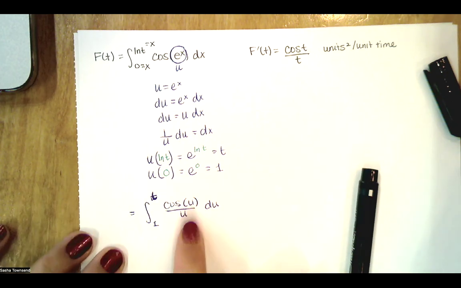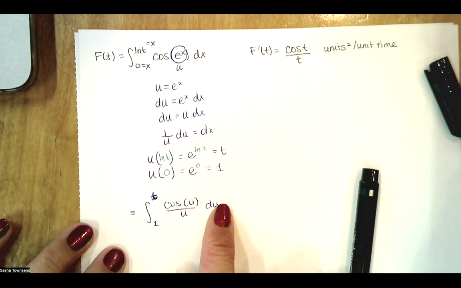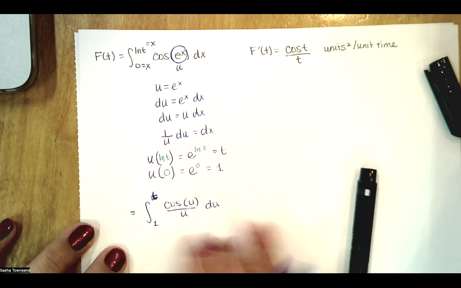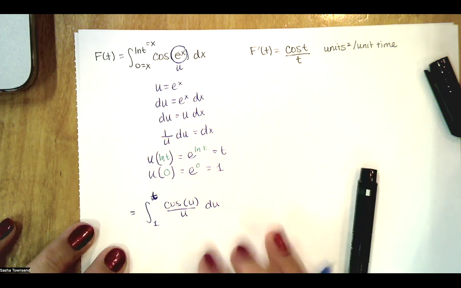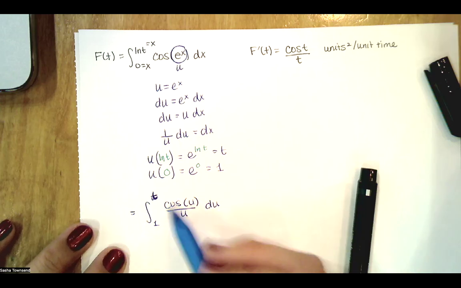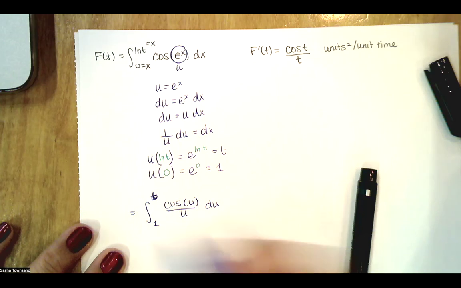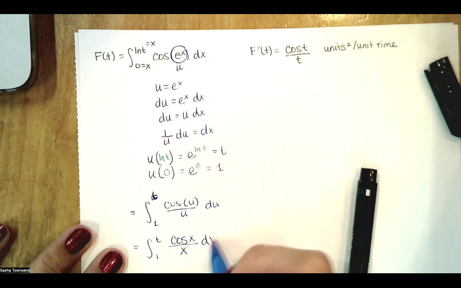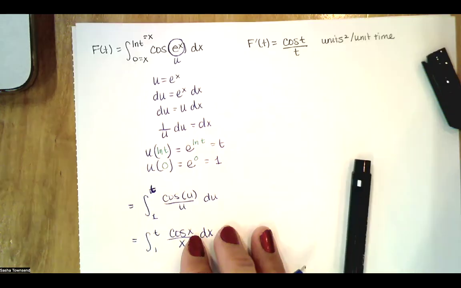Now, because u is just a dummy variable, we're integrating with respect to u here, we could change that. We could call that theta, we could call that y, we could call that any number of variables that we want. But because we're used to representing our integrands as function of x, we'll say that this is the integral from 1 to t of cosine of x divided by x dx. And that will be the same value.